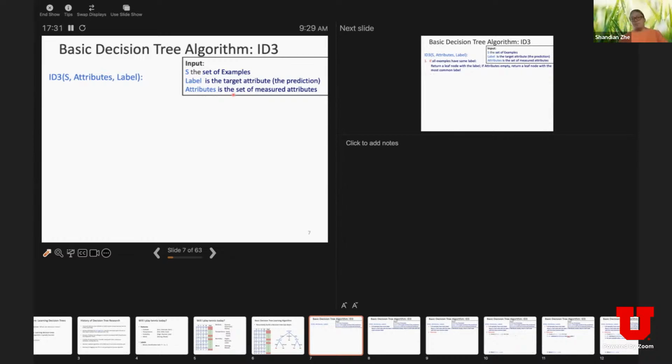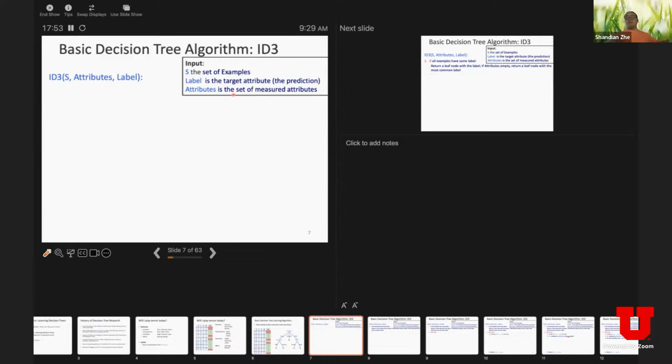So now imagine that you, as the algorithm developer, want to design such a recursive algorithm. At the beginning, I'm calling my ID3 algorithm to split the whole data set into several small subsets. That means I create a root node and several branches.